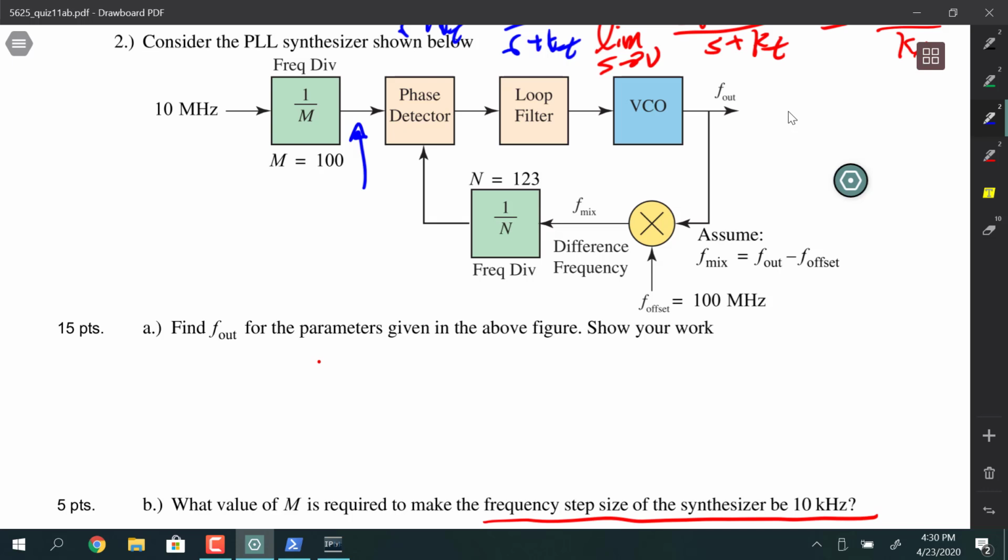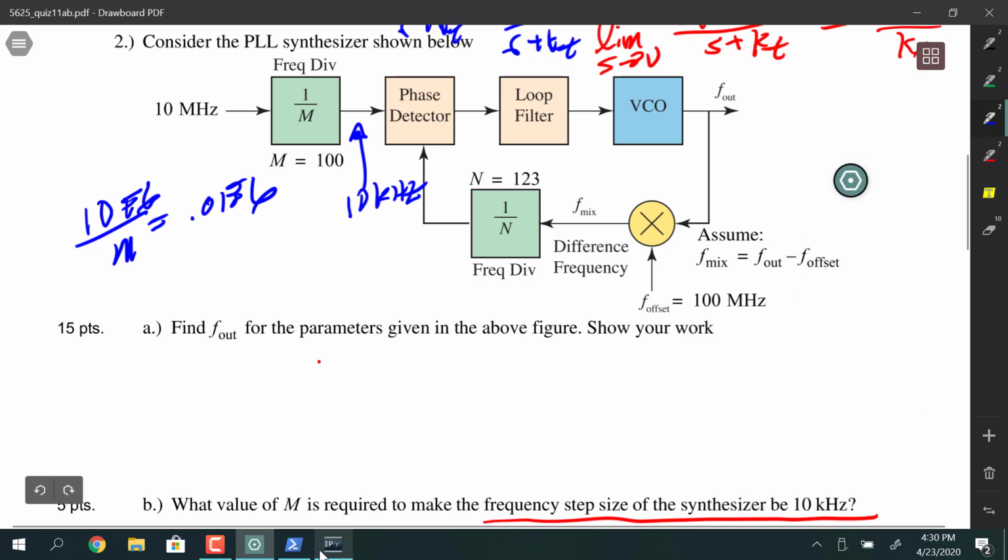So if we want that to be 10 kilohertz, we can figure out that 10E6 over M has to equal 0.01E6. So I guess we can do that one in our head if we want to. That would be 10 over 0.01, which would be 1,000, right?